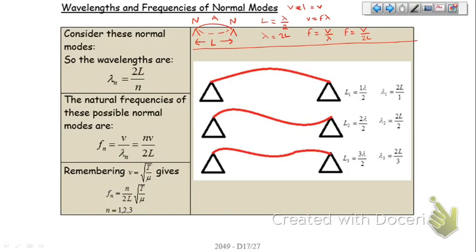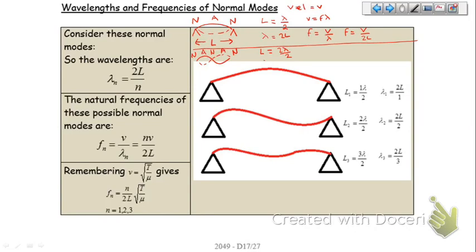Then let's take the next one. Node, antinode, node, antinode, node. L is equal to 2 lambda over 2. I'm being a bit cute there. I'm not calling it lambda, I'm calling it 2 lambda over 2.